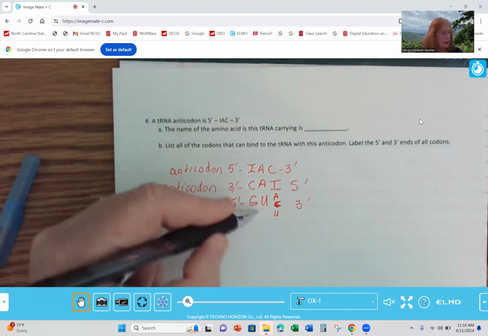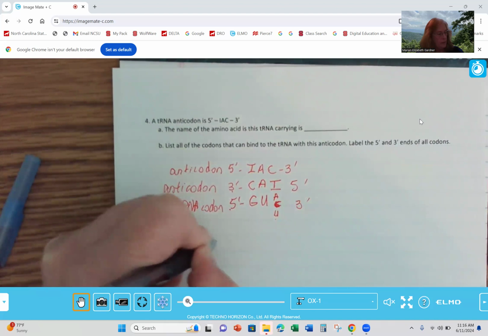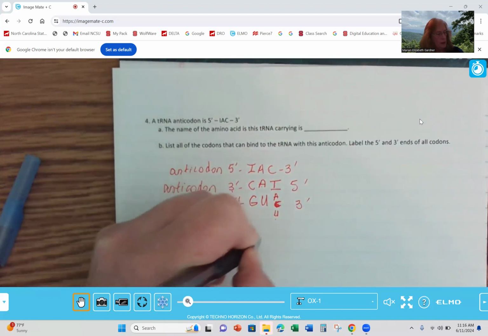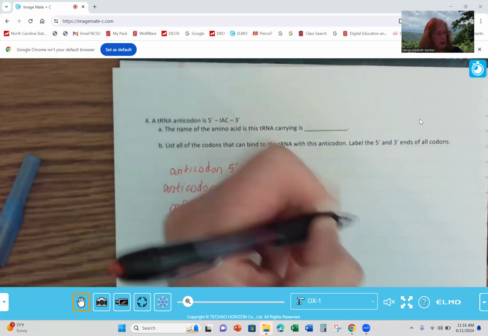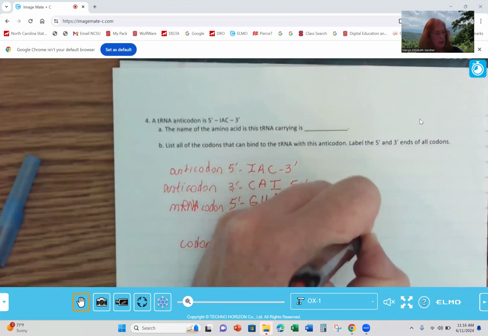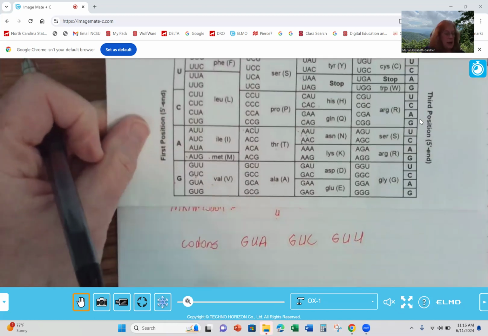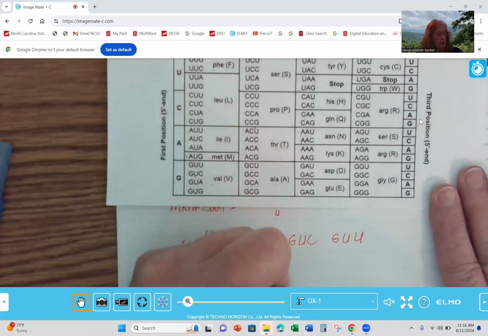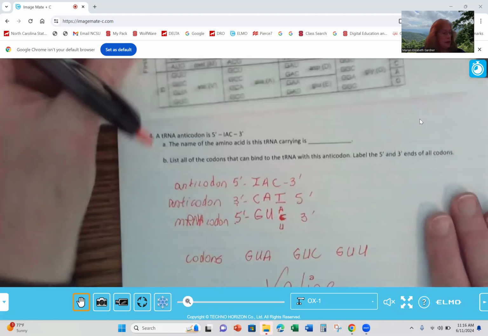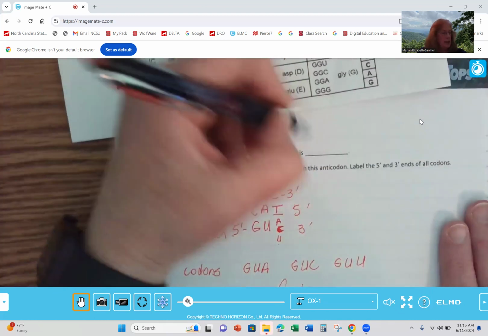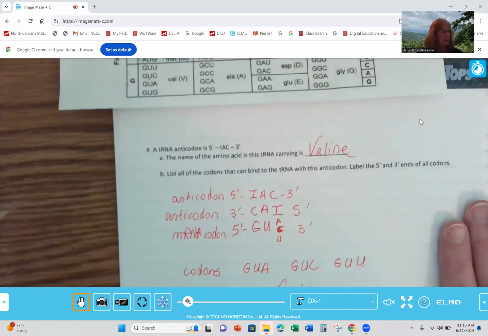So my 3 codons are GUA, GUC, and GUU. And I'll look on my coding dictionary, and GUU, C, and A all code for valine. So the name of the amino acid that this transfer RNA is carrying is valine.